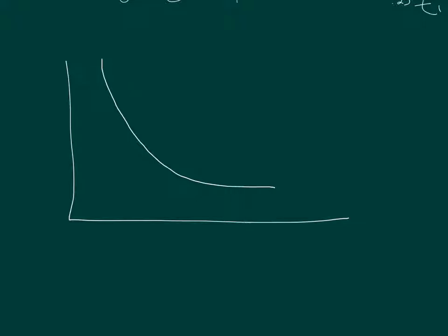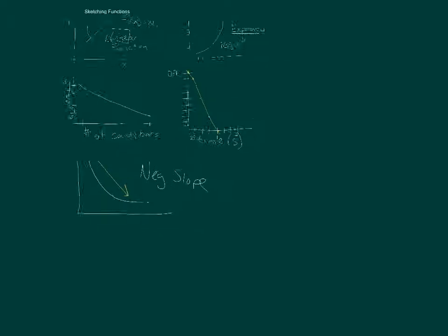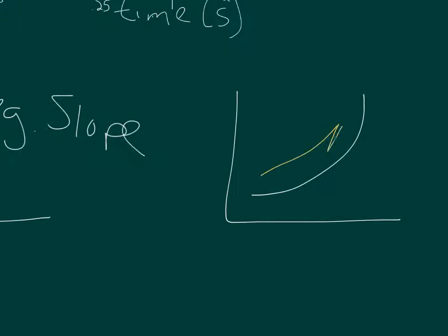Well, from left to right, I can see the graph is kind of trending downward, and so this would be a negative slope. And the opposite would be true if I had a graph that was going up from left to right. This would be a positive slope.